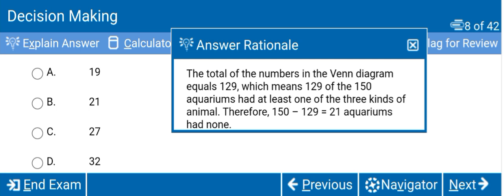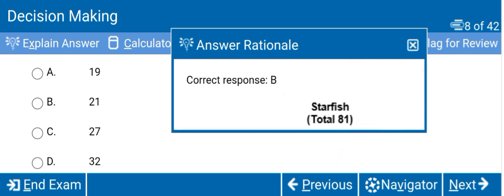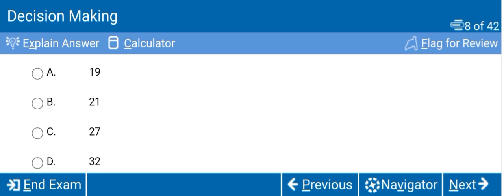So the total of the numbers in the Venn diagram equals 129, which means 129 of the 150 aquariums had at least one of the three kinds of animal. Therefore, 150 minus 129 equals 21 aquariums had none. So we can say the correct response is option B, which is 21.